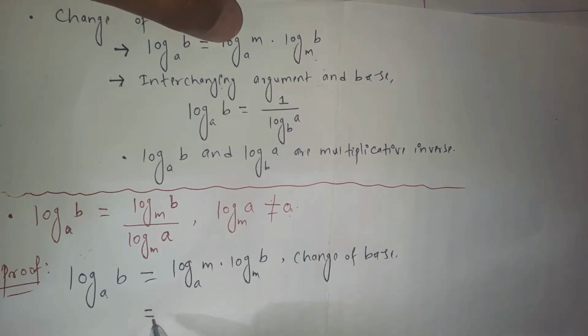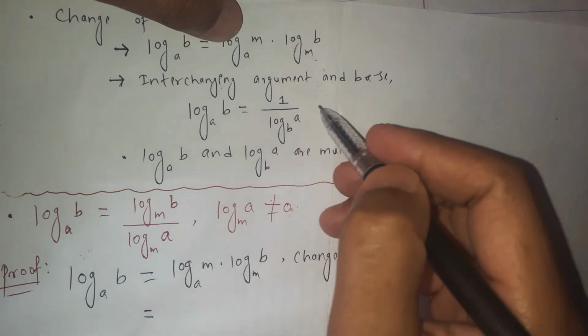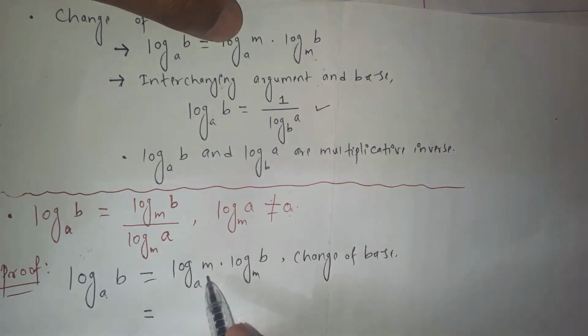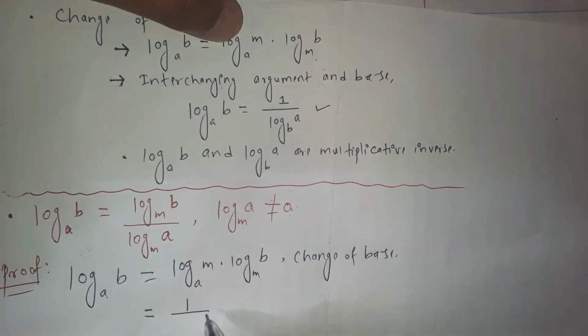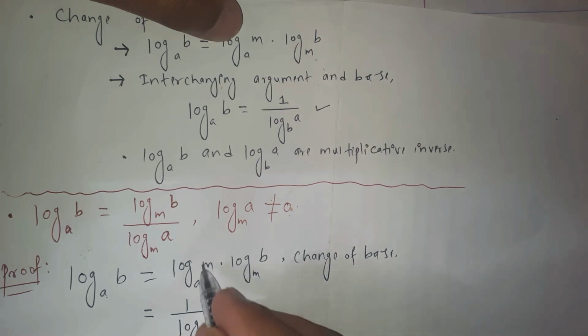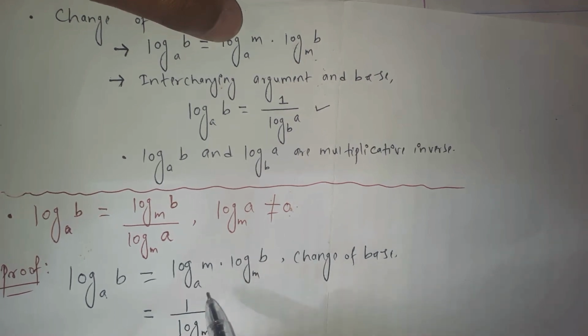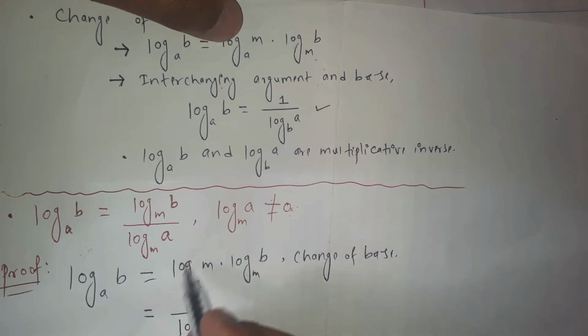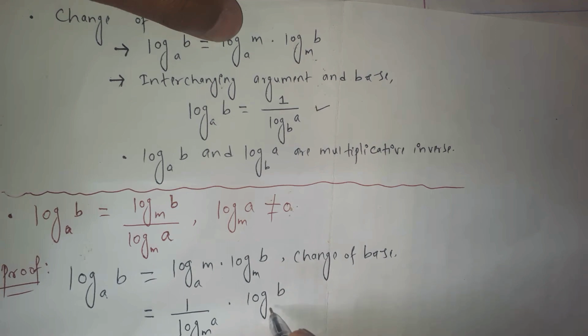This is called the change of the base, and this can be written as, let's use this property, let's interchange the argument and the base. If we want to interchange the argument and the base, then we have to do 1 over log. Here the argument is m and the base is a. We just interchange the argument and the base of this first logarithm, times log of b with base m.